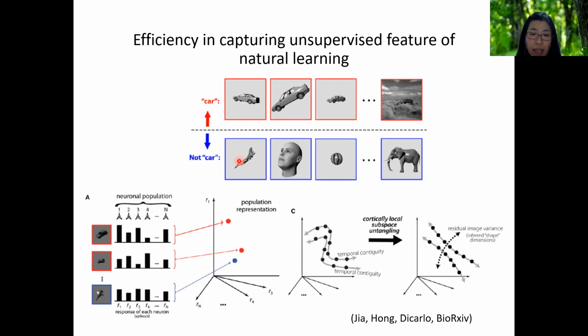They suggest that in natural learning, such transformations may occur naturally in time. So capturing such temporal contiguity using temporally asymmetric learning can explain this natural learning, and also enables robust categorization of objects, such as a car versus not car.